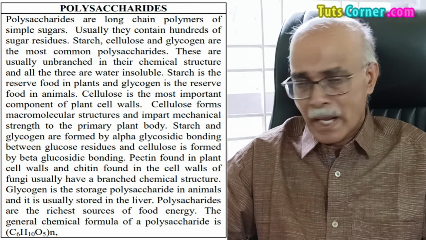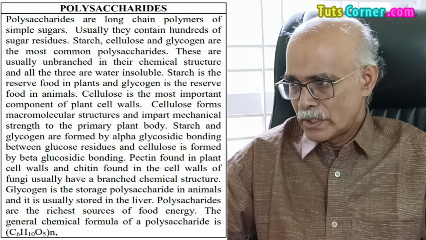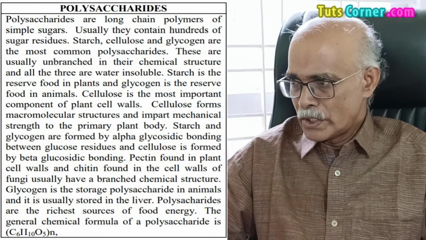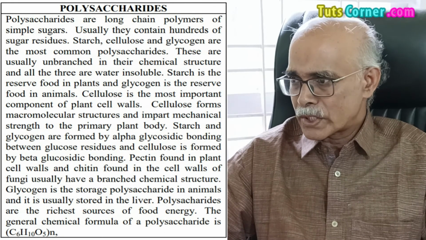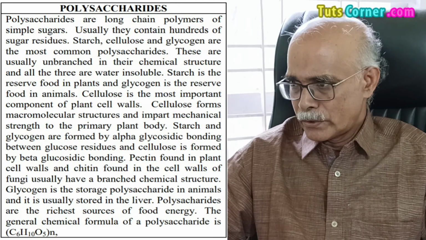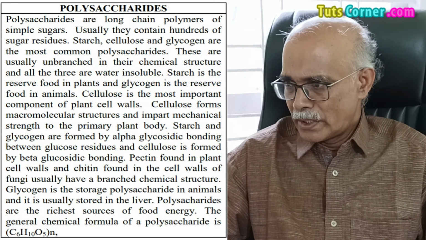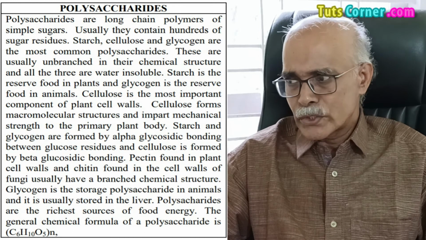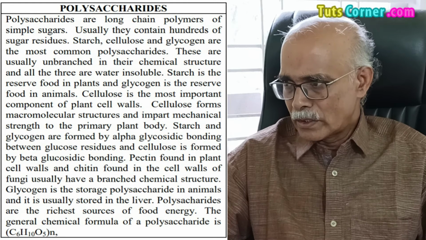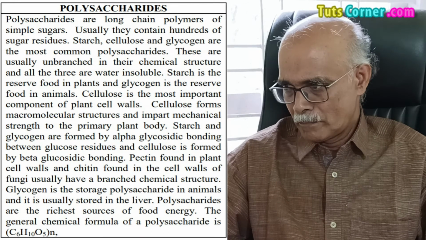Starch is the reserve food in plants and glycogen is the reserve food in animals. Cellulose is the most important component of plant cell walls. Cellulose forms macromolecular structures and imparts mechanical strength to the primary plant body. Starch and glycogen are formed by alpha glycosidic bonding between glucose residues, and cellulose is formed by beta glycosidic bonding.